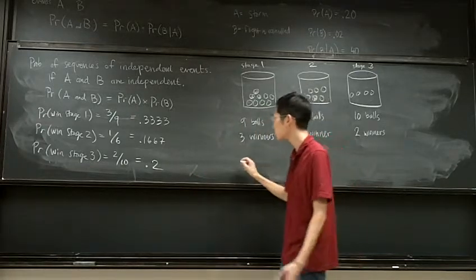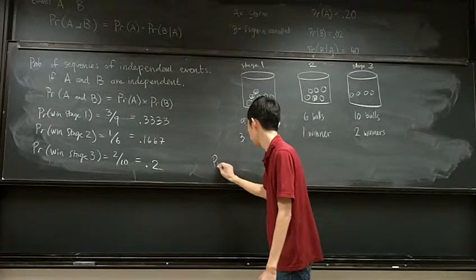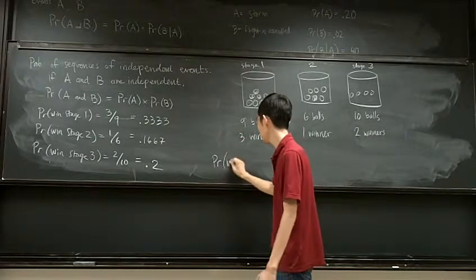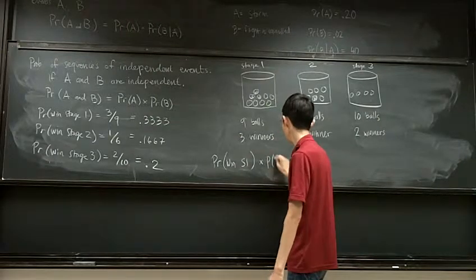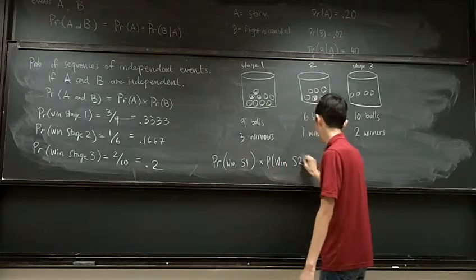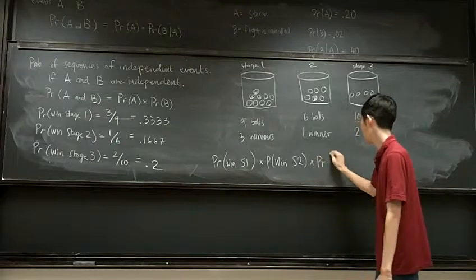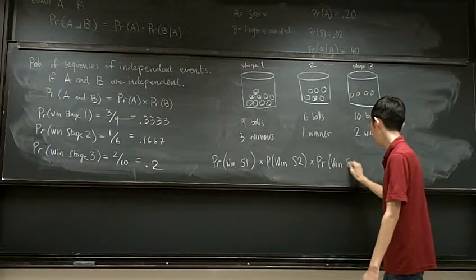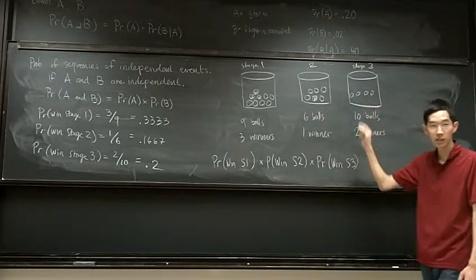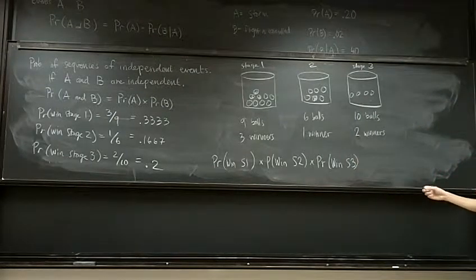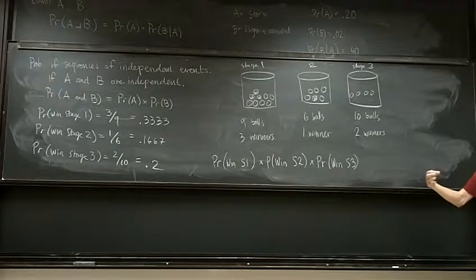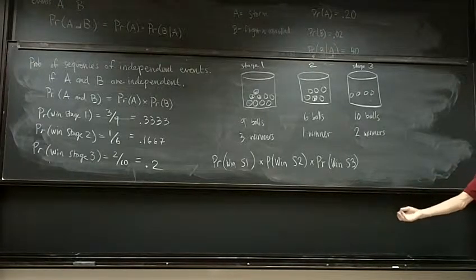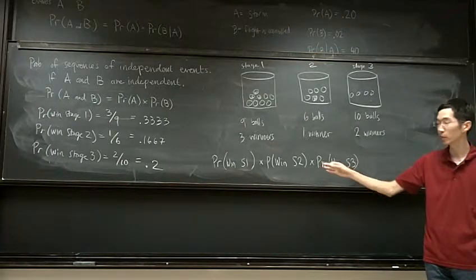It's 1 out of 36, but it's going to be the probability of winning stage 1 times the probability of winning stage 2 times the probability of winning stage 3. Each stage is independent of the other. Okay? What happens in stage 3 is not influenced by what happened in stage 2 or stage 1. So all of these things are independent of one another. So we can multiply these things.